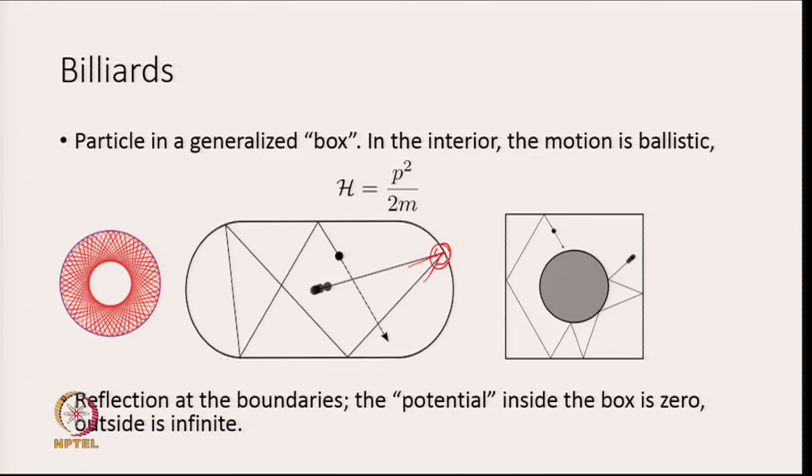So, the potential energy inside the box is equal to 0 and the potential outside is infinity. And some billiards have been studied in great detail, helping us to understand the difference between chaotic and non-chaotic dynamics.